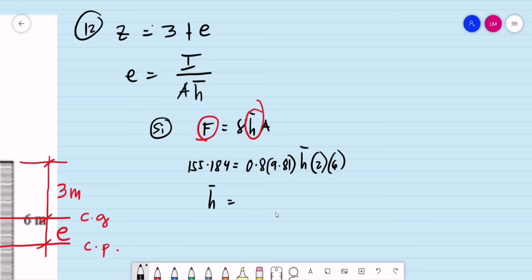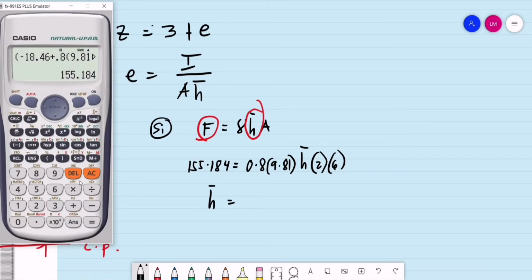Okay, let us compute for that value of bar H. So 155.184 is divided by 0.8 times 9.81. Ito yung unit weight ng oil. Times the area of the gate, 2 meters by 6 meters.